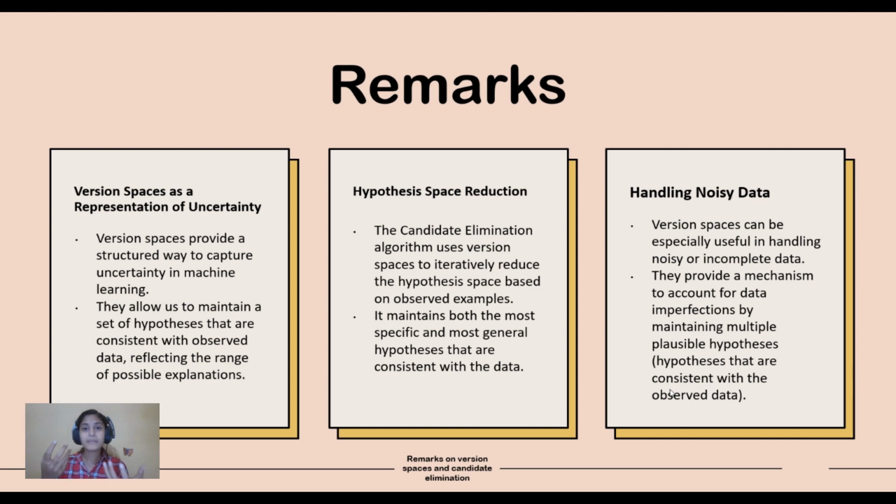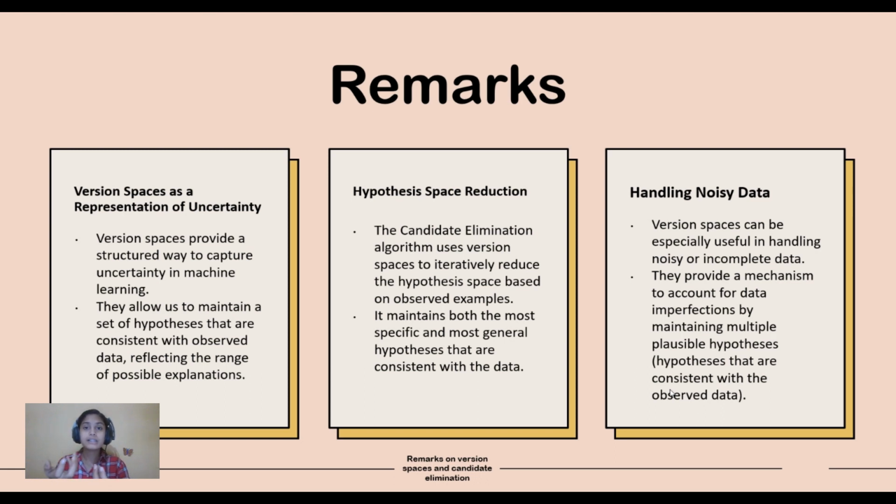Otherwise, if the example and hypothesis are not matching and the hypothesis is positive, then we will remove this hypothesis. And if we consider a negative example and a hypothesis, now we compare it. If the hypothesis and the negative example are matching, then it is inconsistent, right?